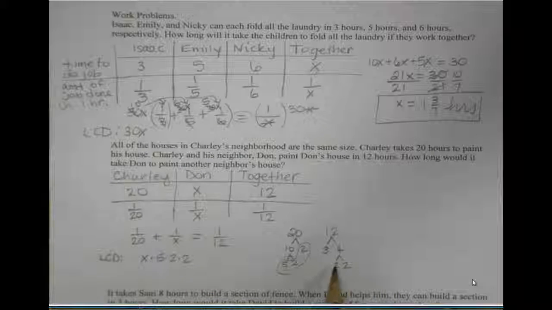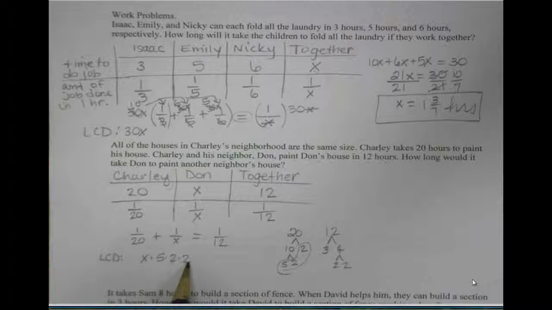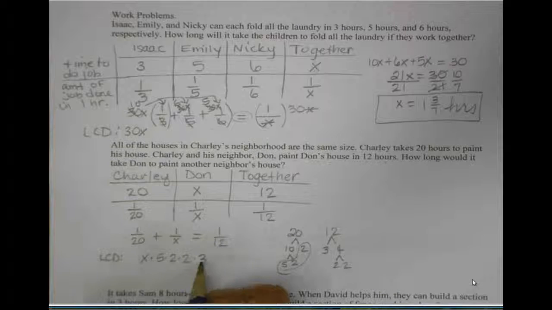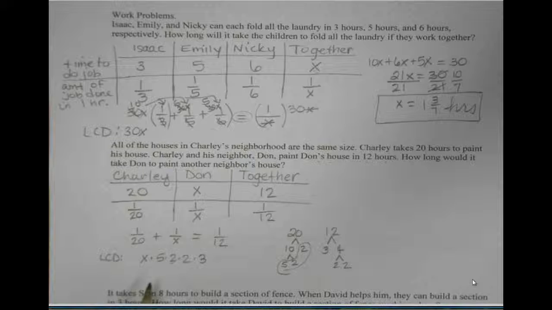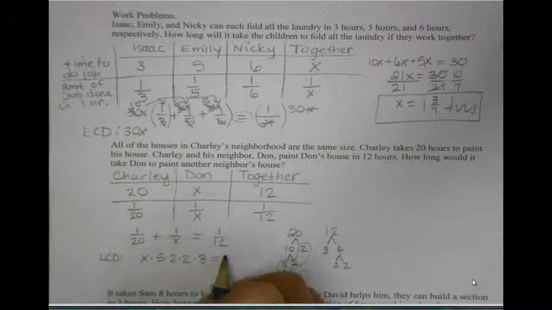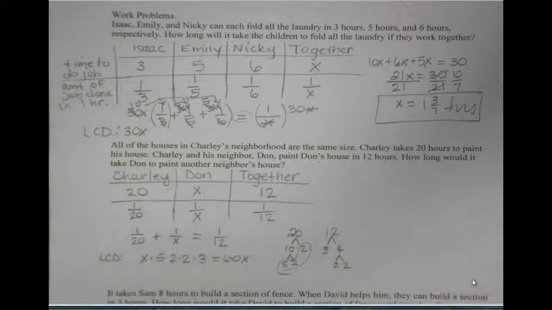And then I need 2 2's, and I already have 2 2's, so I'll share those, and I need a 3. There's no 3 showing, so I need to put a 3 on there. And that helps me find a common denominator. So then I have 5 times 2 is 10, times 2 is 20, times 3 is 60. So my LCD is 60x.